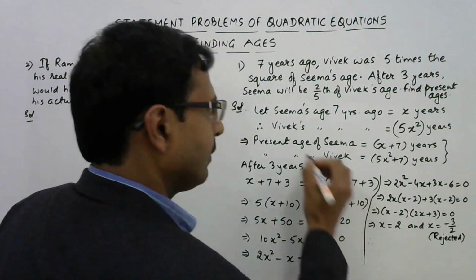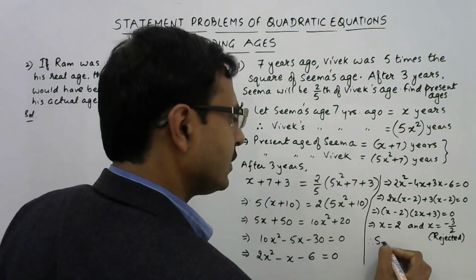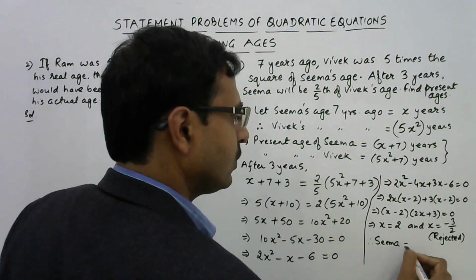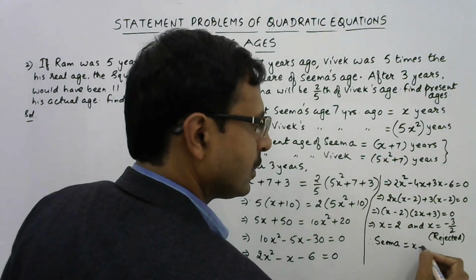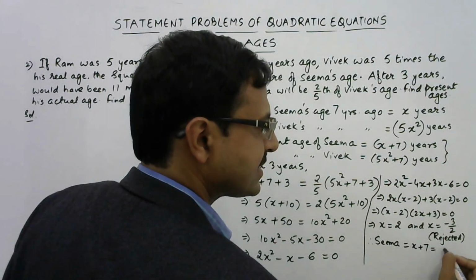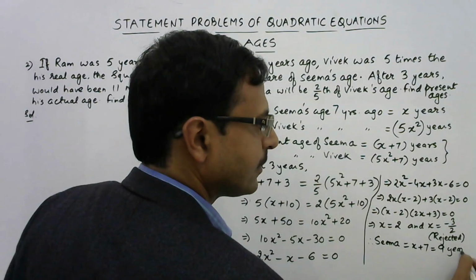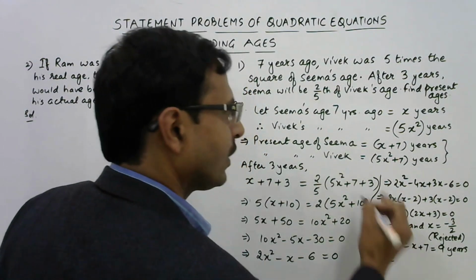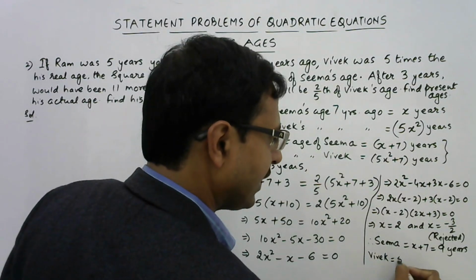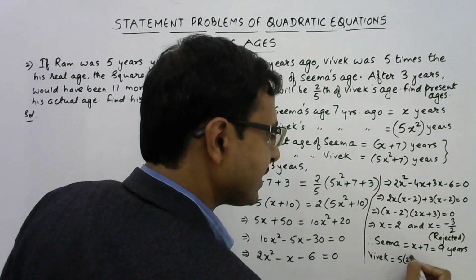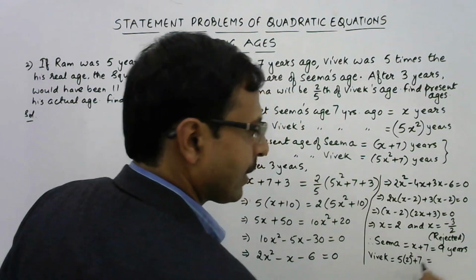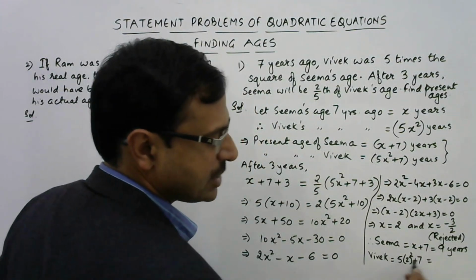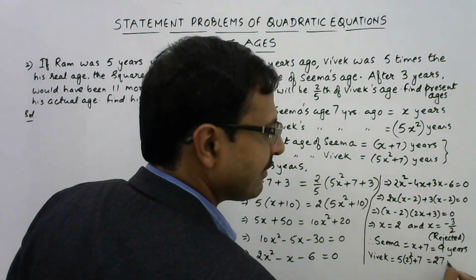Therefore, present age of Seema is equal to x plus 7. x is 2, so 2 plus 7, 9 years. And present age of Vivek, 5x square plus 7. So 5 into 2 square plus 7. 2 square is 4, 4 into 5, 20, 20 plus 7 is 27 years.